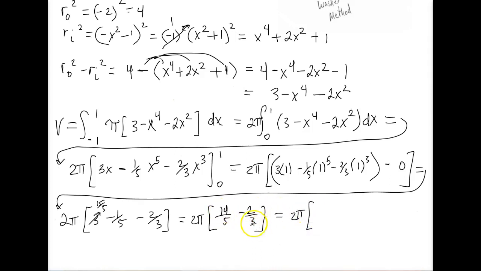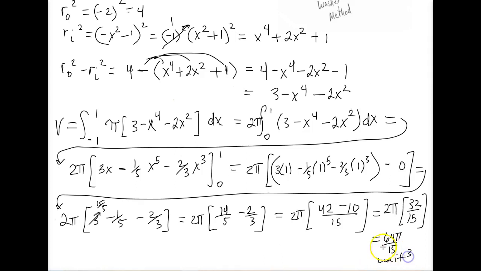And then 14 times 3 is 42, minus 5 times 2, which is 10, all that over 15. And so we got 2 pi times 32 over 15, and that ends up being 64 pi over 15, and that is in cubic units.